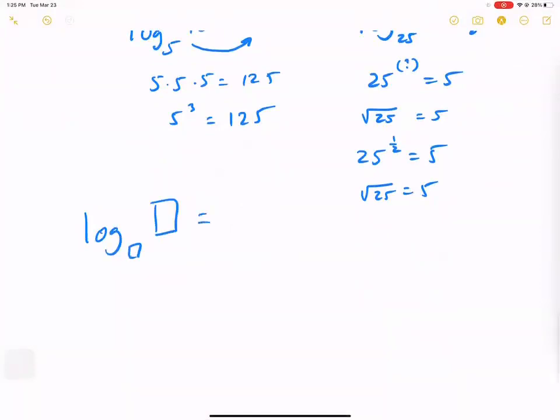If you have a nice fancy, modern calculator made within the last probably 8 years, you can literally plug in what we just plugged in here. You could write log, little box, write 25, big box, write 5, hit enter, and see that the answer will give you 0.5. And if you have that calculator, you're already winning.